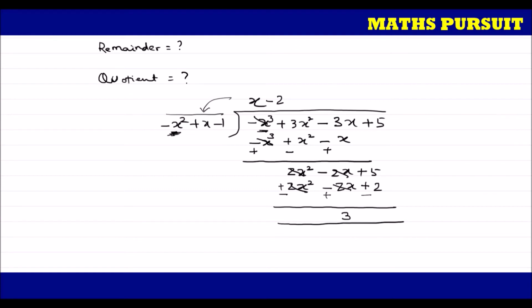This 3 is our remainder, and this x minus 2 that we got is our quotient. So we got remainder as 3 and the quotient is x minus 2.